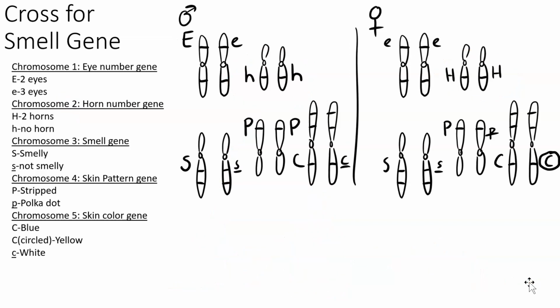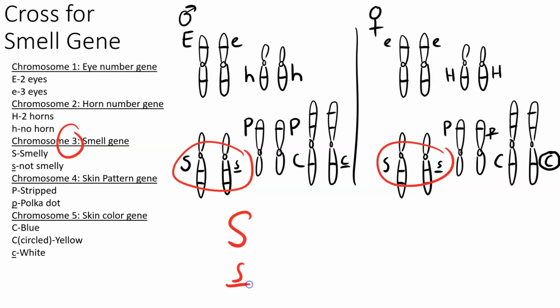Smell gene. Let's do a cross for the smell gene. So in this case, the smell gene is on chromosome number 3, and the capital S creates smell, whereas the lowercase recessive s does not create smell. So in this case, for this cross of these two individuals, both individuals are heterozygous. So dad will have a 50-50 split of what he gives his offspring. Mom will have a 50-50 split.